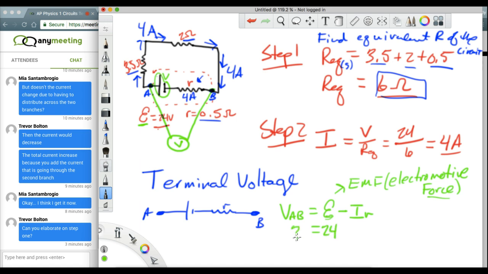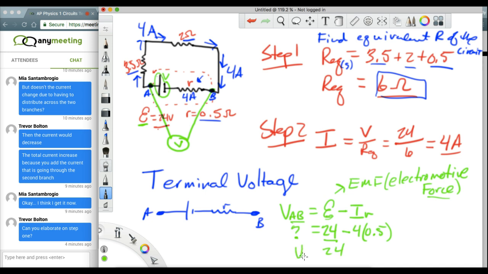We are looking for the terminal voltage, usually written with a subscript AB, because we can think of this as point A, this is point B, and that resistor technically is in the battery. So the voltage drop across the battery is going to be equal to the total voltage minus the current, which we found to be 4, times the internal resistance, which they gave us to be 0.5.